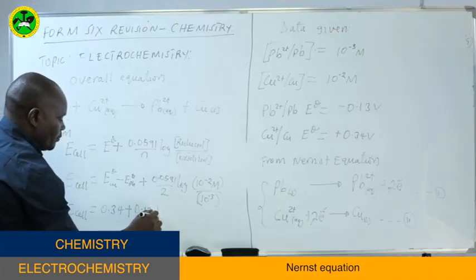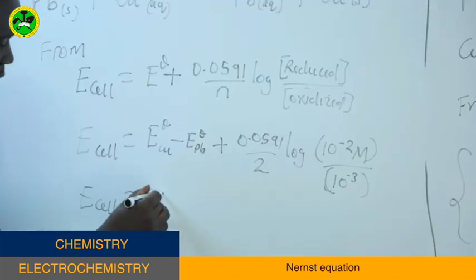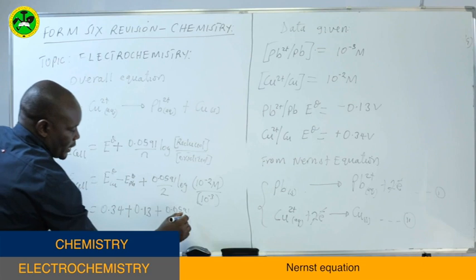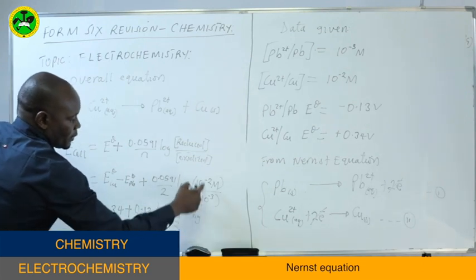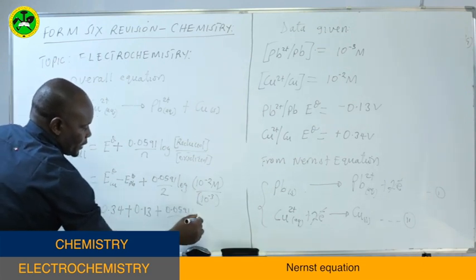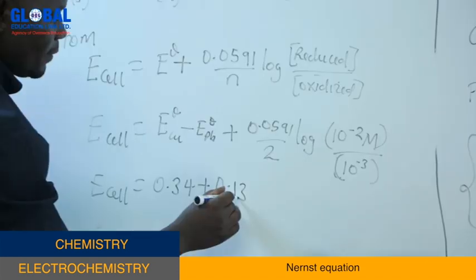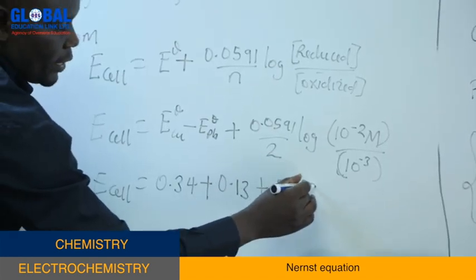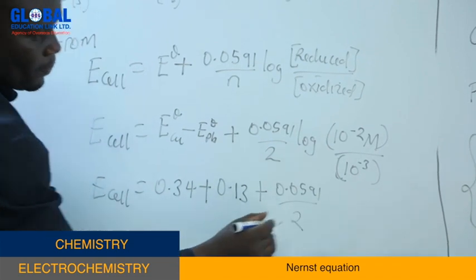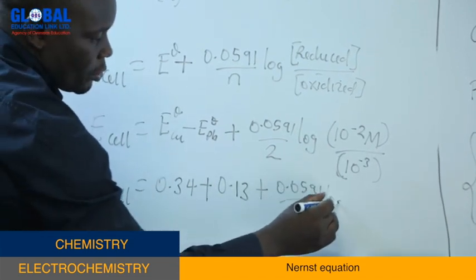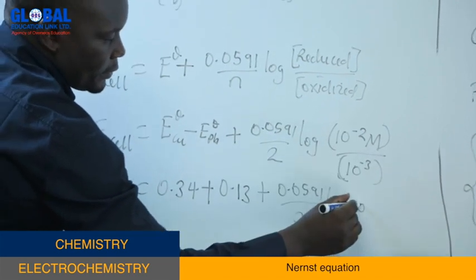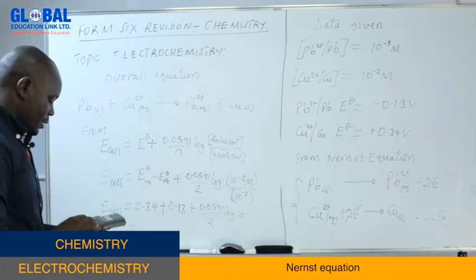Then plus 0.0591 over 2, times log of this one. If we divide, you'll get 10. And now the E of a cell will be equal to... Now take your calculator and use it to calculate the EMF of a cell.